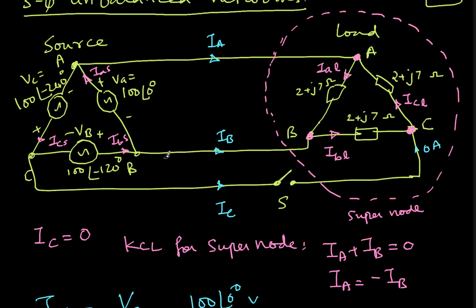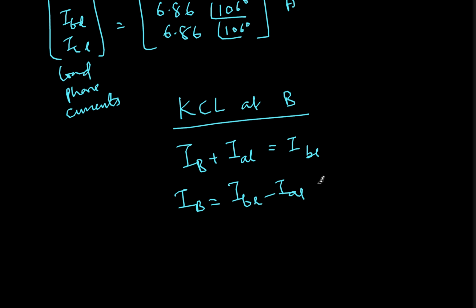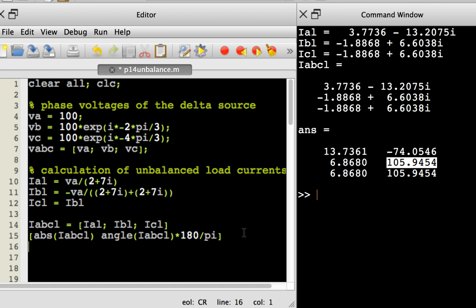Incoming currents are positive, so IB plus IAL is equal to IBL. These are incoming currents, this is outgoing current, so they are equal. So IB will be equal to IBL minus IAL. I can right away calculate that.